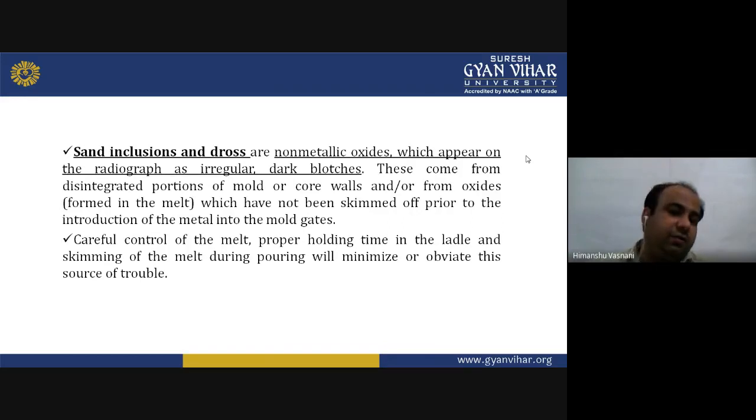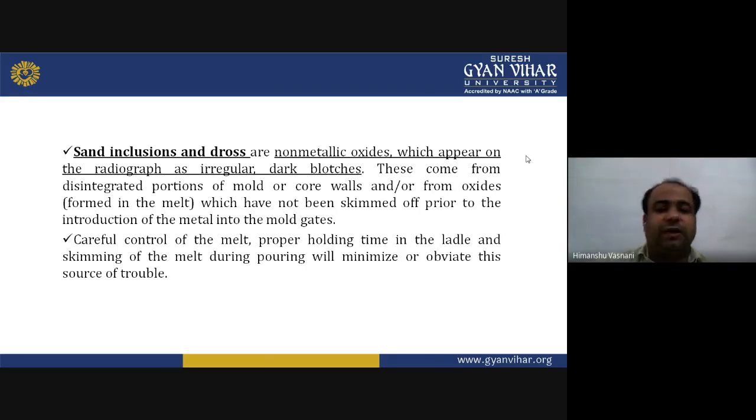Now, sand inclusions and dross. These are also radiographic interpretations for castings. These are non-metallic oxides which appear on the radiograph as irregular dark blotches. They come from disintegrated portions of mold or core walls, or from the oxides formed in the melt, which are not skimmed off prior to the introduction of the metal into the mold.